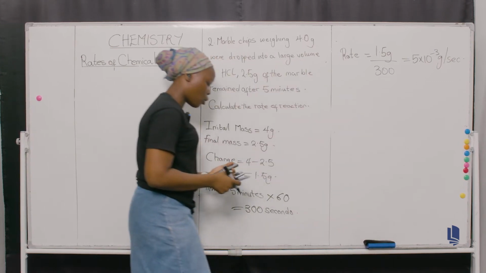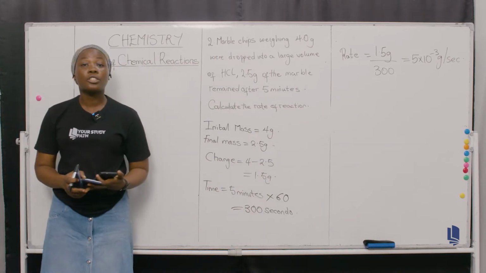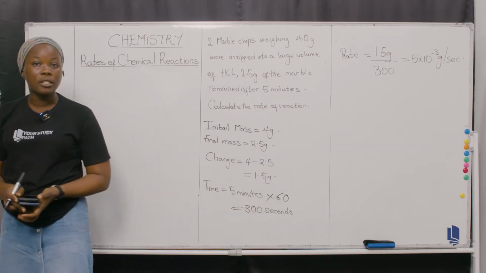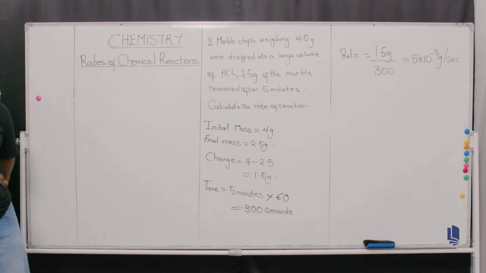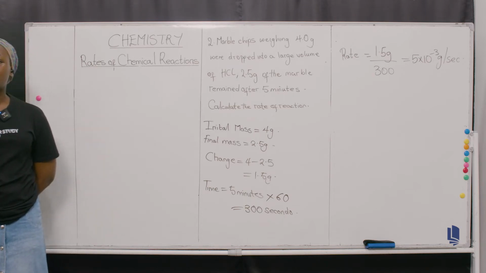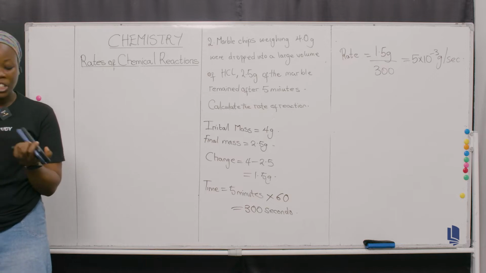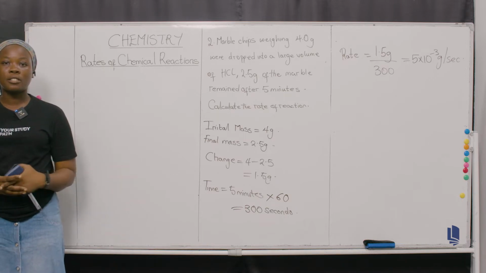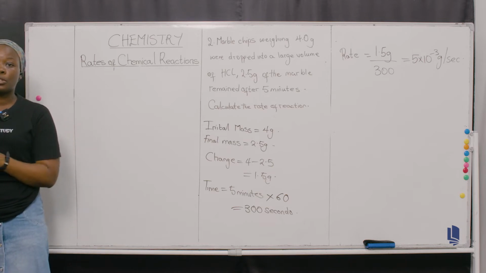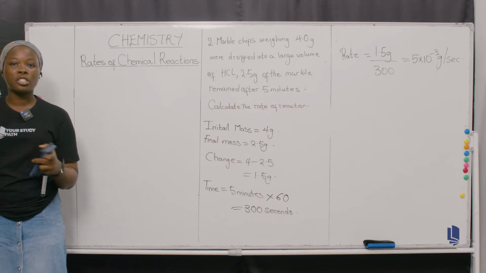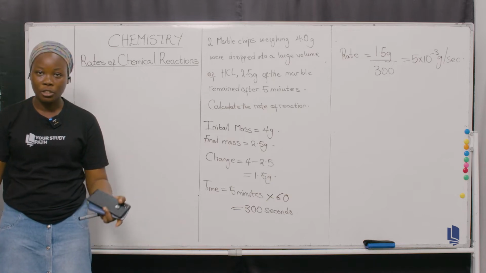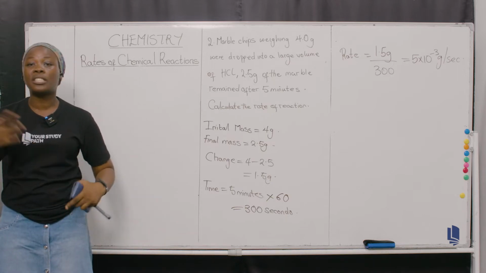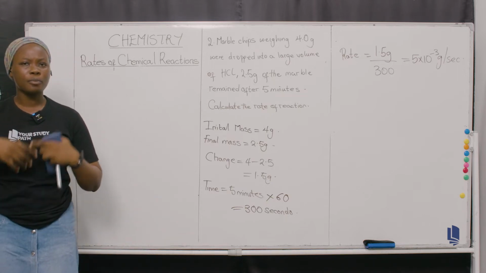Now we already know what rate of reaction is. We know the definition of it, and we know how we can calculate rate of reaction. Now let's consider factors that affect rate of reaction. Initially, I made mention there are different reactions. They take place at different rates. So the reactions do not occur at the same time. Rusting is a slow oxidation reaction, right? Lighting of a match will take place almost immediately.